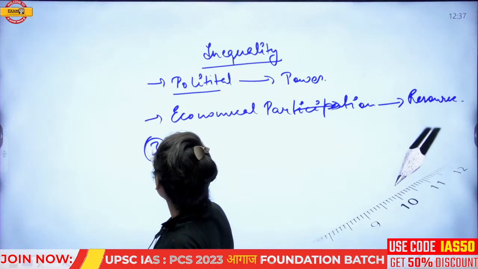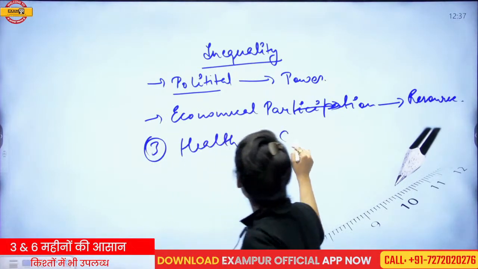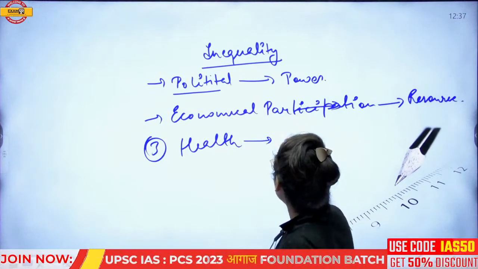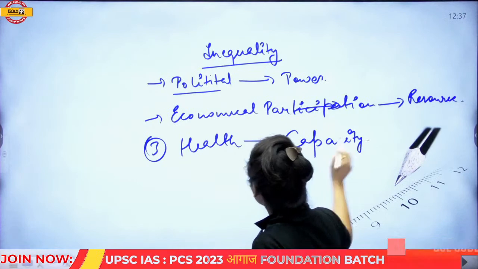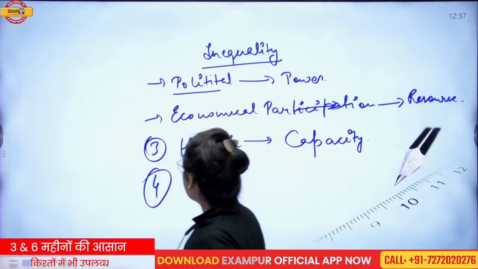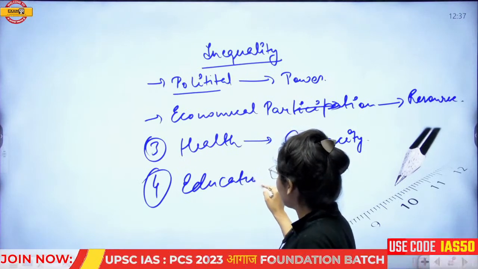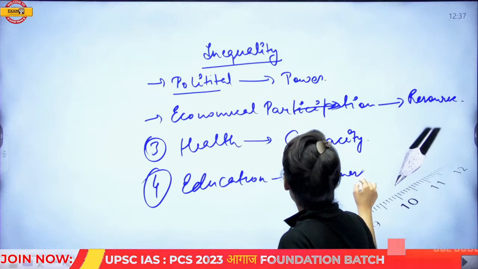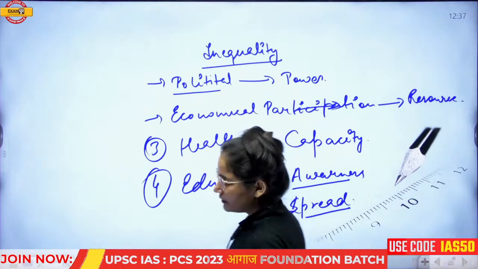Third is all about performance on the health sector, because this is going to lead the capacity of labor force. Education is going to spread. Education is what? Education is all about awareness. It is about spread. You are spreading the idea.